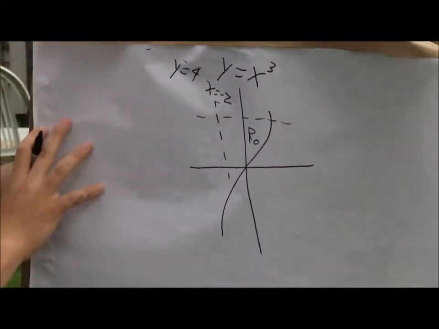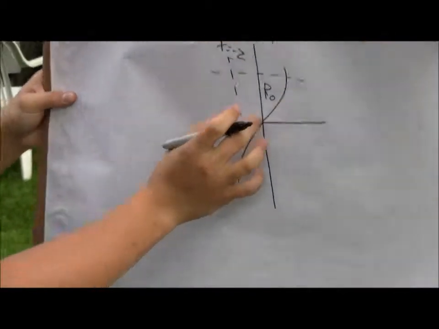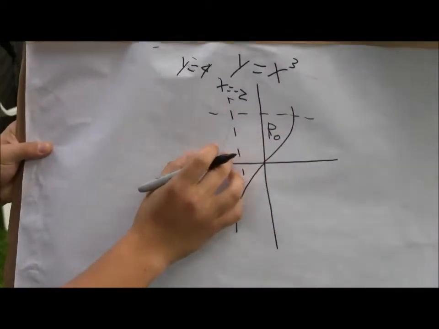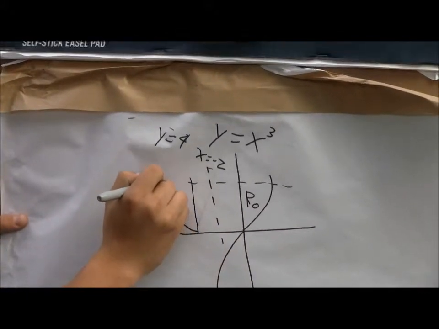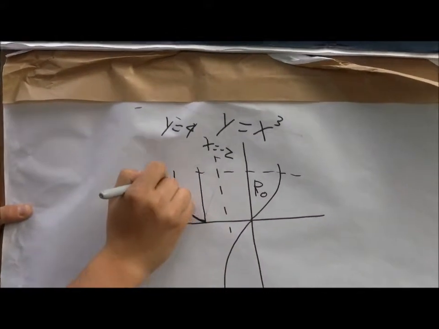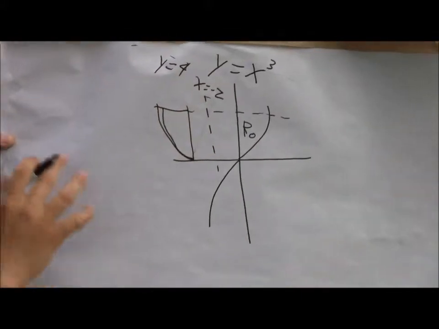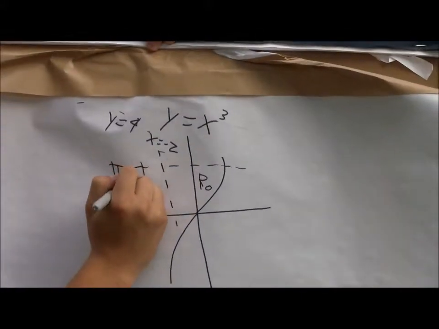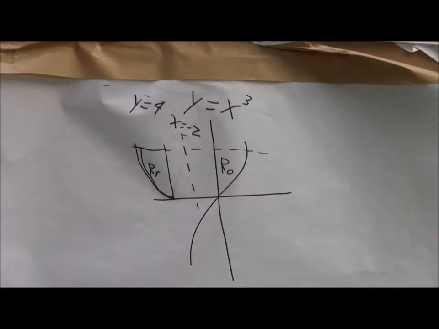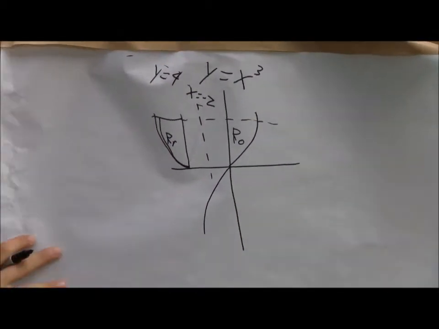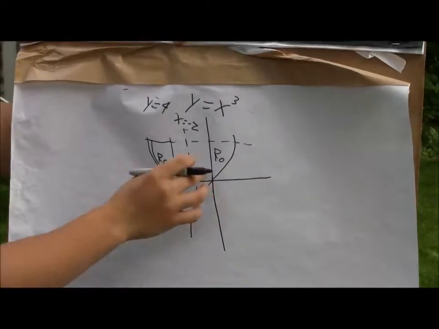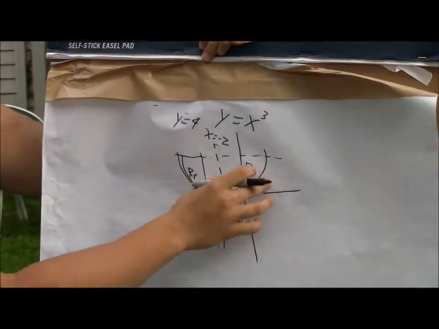So let me draw it real quick. Here. That's going to be our r sub r, or our region reflected. What makes this a little bit harder is that we have a little gap in between our two regions.